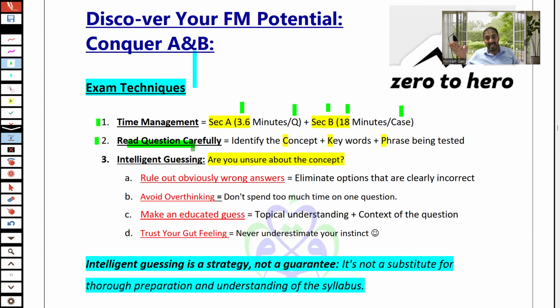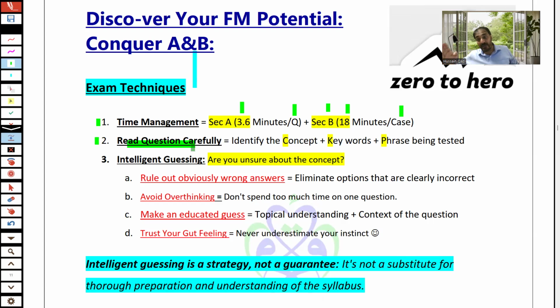For example, the examiner says future contracts are marketable contracts having the following characteristics. So the keywords are future contracts, marketable contracts with the following characteristics. The following characteristics is a keyword of the concept of future contracts being tested here.